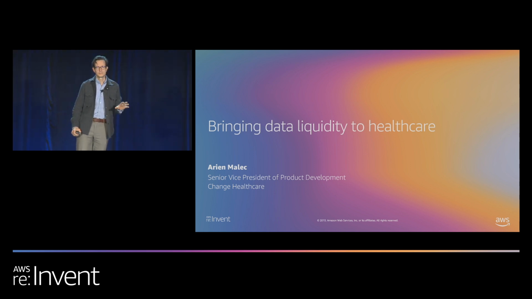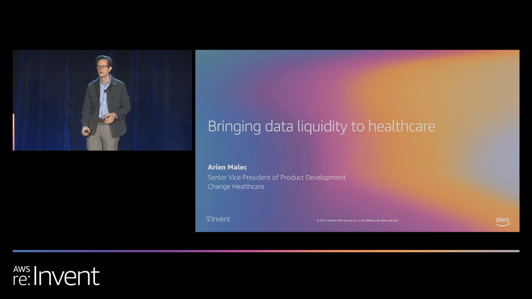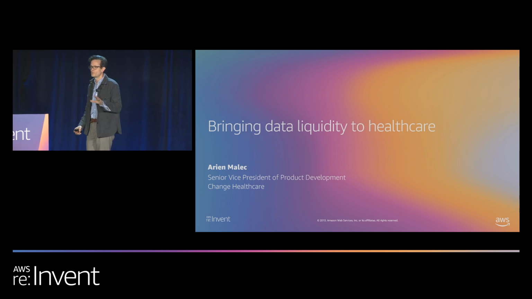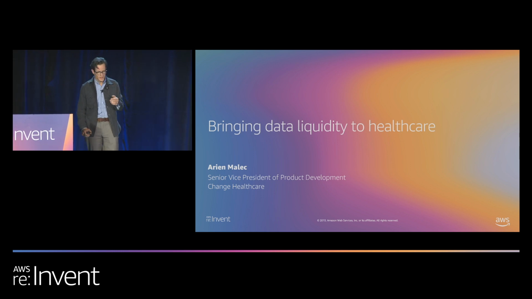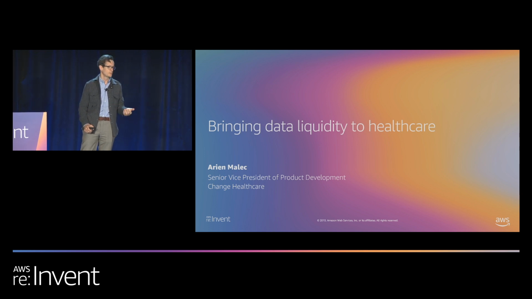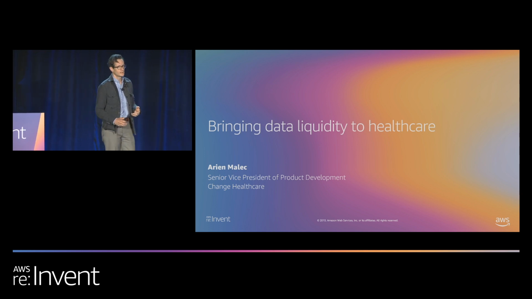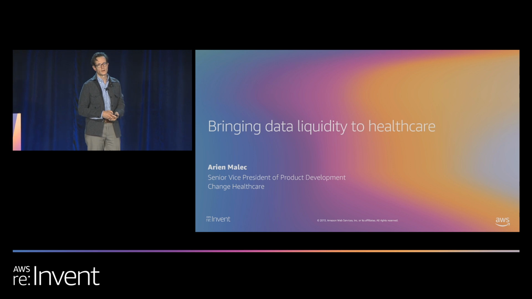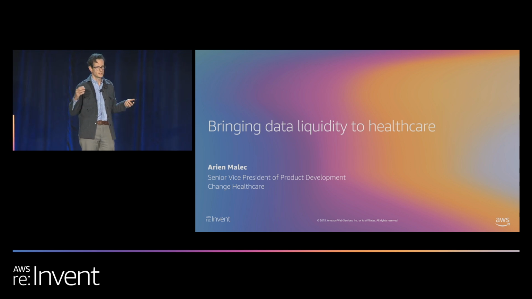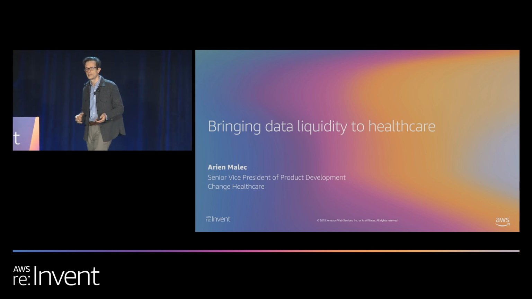Maybe just a little bit about myself. I've been in both life sciences and then in healthcare for long enough that I've got a lot of gray hair. I've been working in interoperability, and that's where the rest of my gray hair comes from, for quite a while. Did patient engagement, connecting patients to their own data, connecting local networks around data exchange, orders and results, that kind of thing.